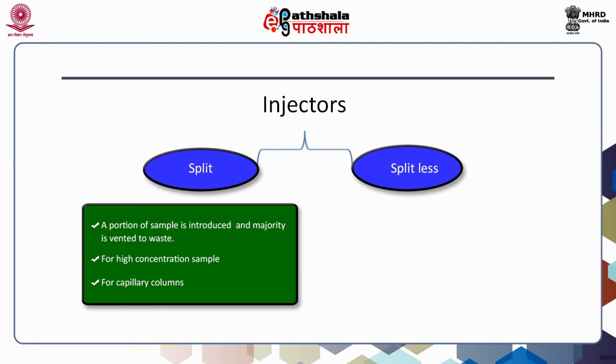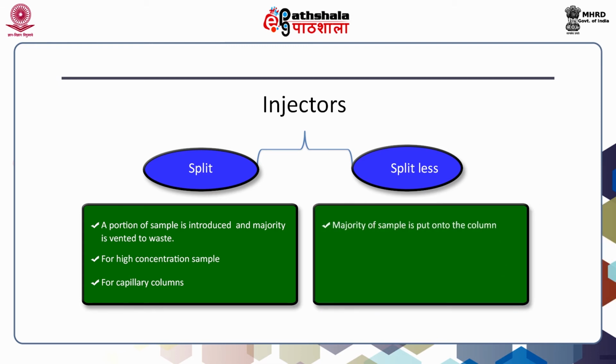Another type of injector is the splitless injector. That means there is no split. The requirement is that the majority of the sample should pass through the column, and it is required when the concentration of active components is low, typically for trace component analysis.